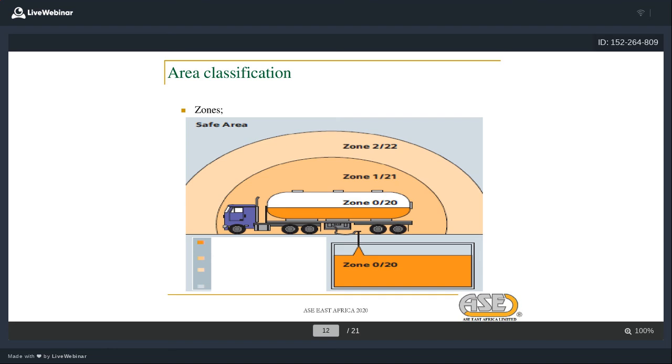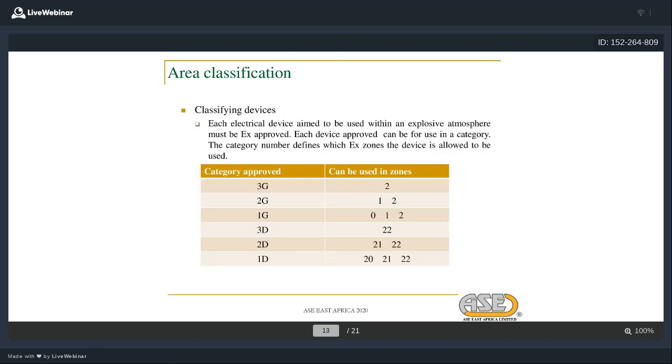Or if that material can be present only for a very short time, then we call them zone 2 or zone 22. After classifying materials and classifying areas, now we can classify devices, and that will tell us in which material the equipment can be used.